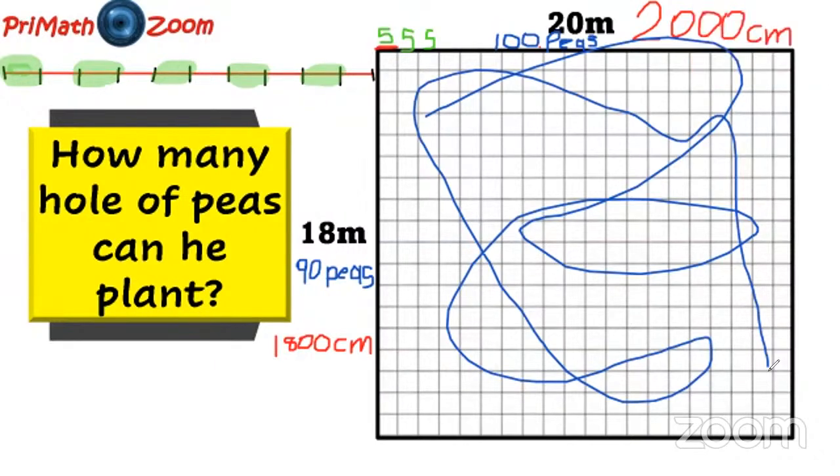Miss, my answer is 1,800. All right. So 1,800. How would you get 1,800 peas in the whole land, in the entire rectangle? Yes, it said the total area for all of the land is 360. So I multiplied... Miss, I can't hear you.